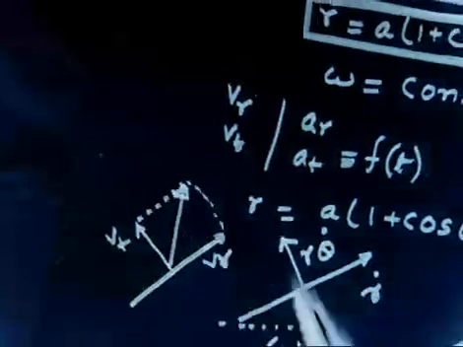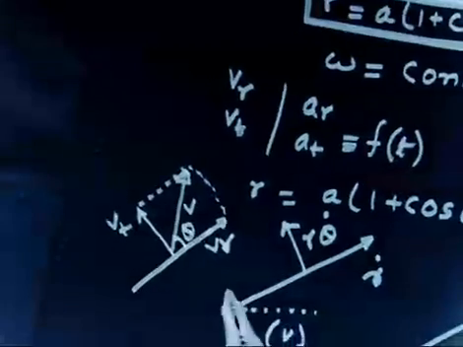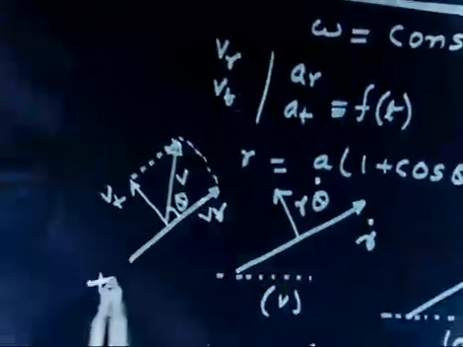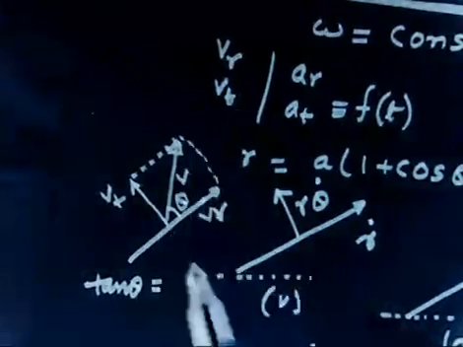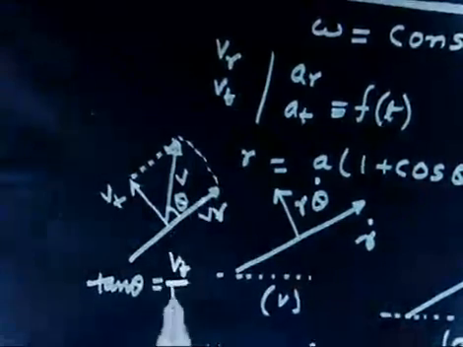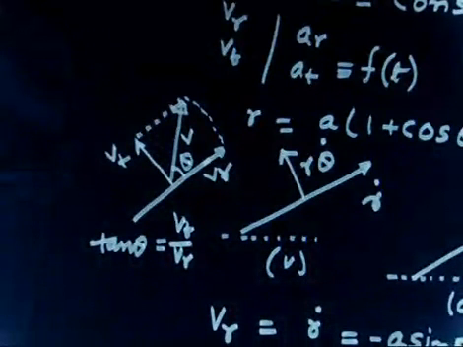This is the resultant vector. The resultant velocity makes an angle theta with the radial direction, so tan theta is Vt by Vr. Are you getting or not? So theta is the angle that the resultant velocity vector makes with the radial direction.